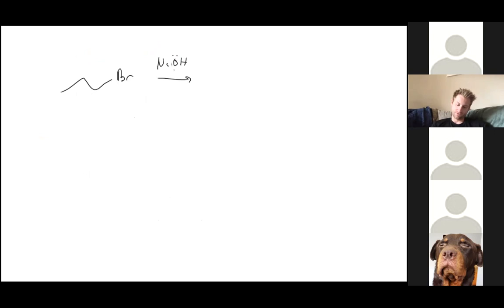It's going to do an SN2, make propanol, and then we could throw in chromic acid in order to make propanoic acid.